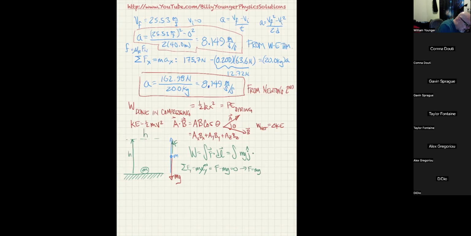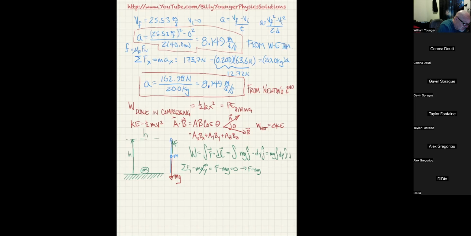Now I'm going to dot that with a little line segment that's going vertically. So I'm going to call that dy j hat. Now that's going to just become mg, because that's a constant, times the integral of dy, and the dot product is a linear operator.